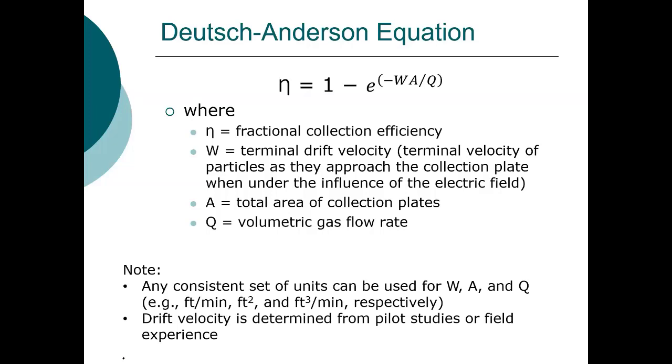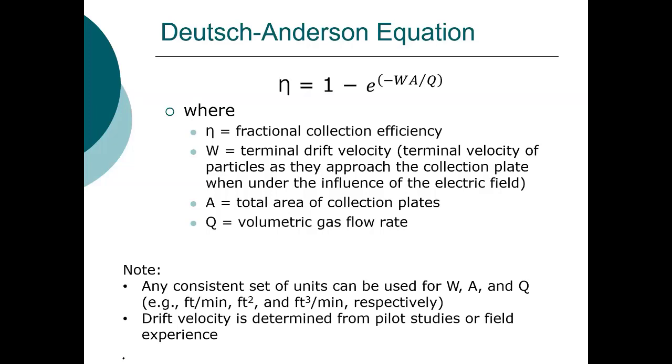Now, that collection efficiency is dependent on a terminal drift velocity. That's the terminal velocity of the particles as they approach the collection plate, those plates that you saw, when it's under the influence of the electric field.